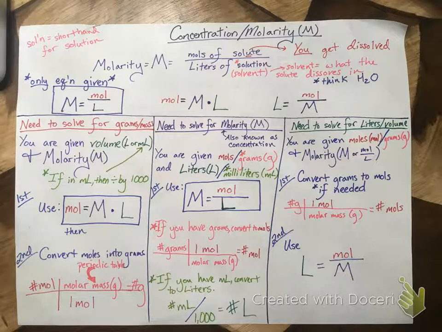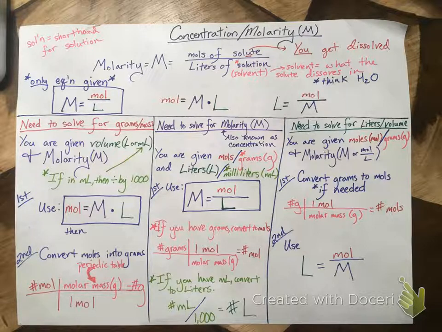But check this out. These are my notes. So it has everything that I've been talking about. What concentration means, molarity, my little note about how U gets dissolved. Has everything on here. What do I need to do to solve for grams or mass and what I'm given?